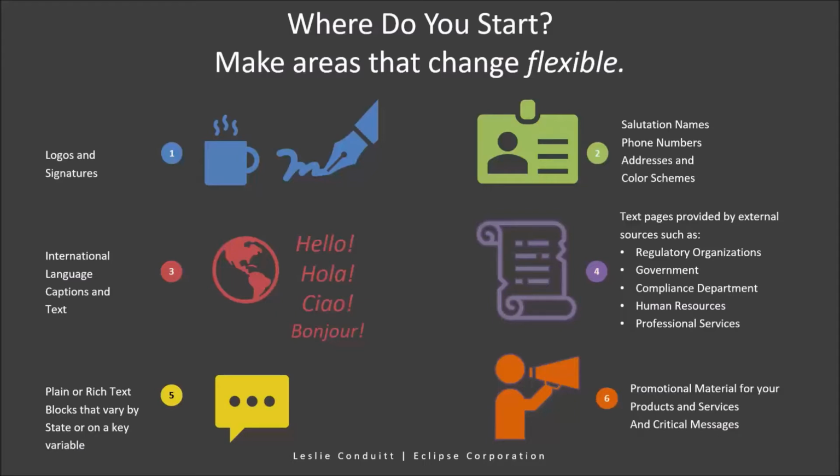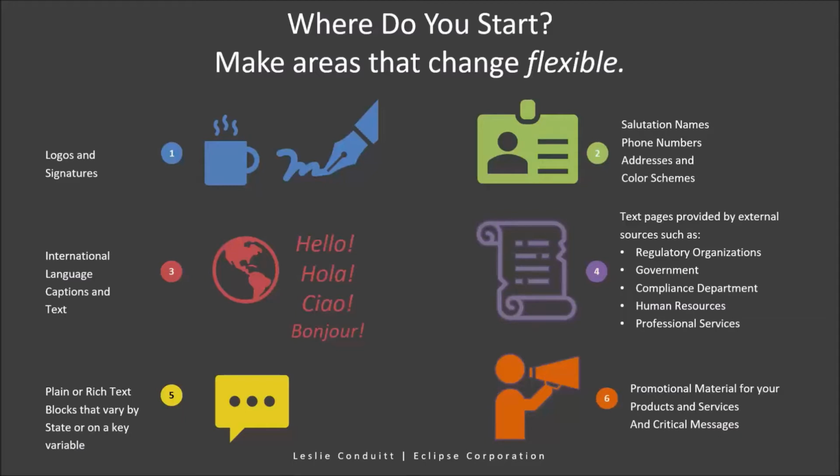And then plain and rich text blocks. And this is things, for example, that change state to state or change on a key variable. Like if I'm a business, my document might look different and sound different than if I'm a corporation as a customer. And most companies can do business, but some mix business versus direct client.